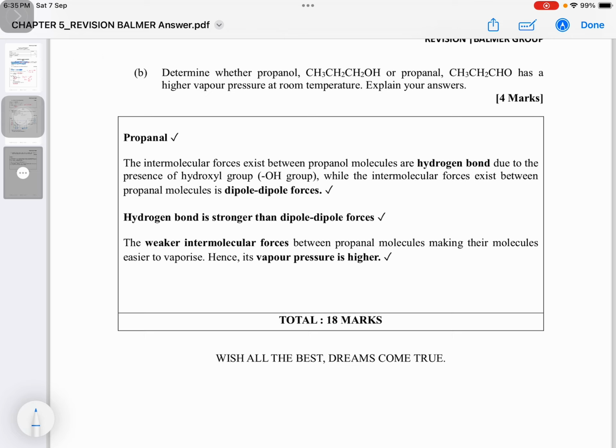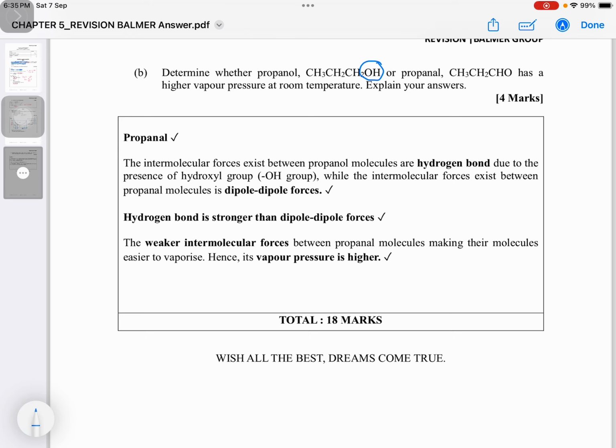Alright, so we move to question B. Determine whether propanol, CH3CH2CH2OH, or propanal, CH3CH2CHO, has higher vapor pressure at room temperature. Explain your answer. Propanol is an alcohol and it has hydrogen bond.